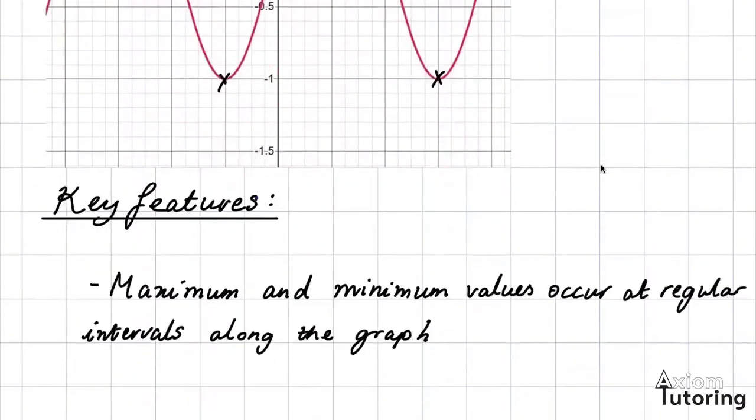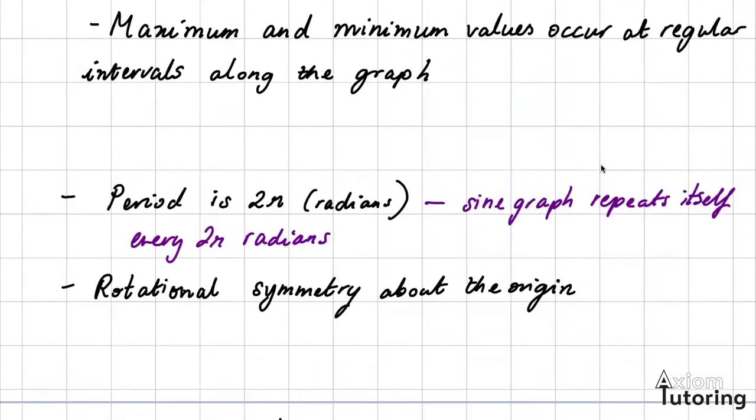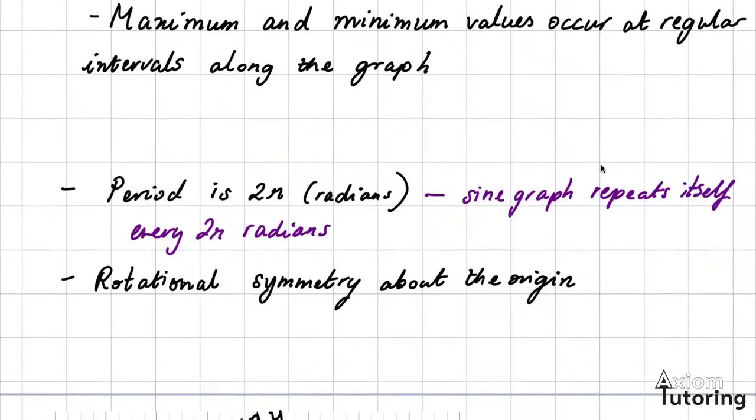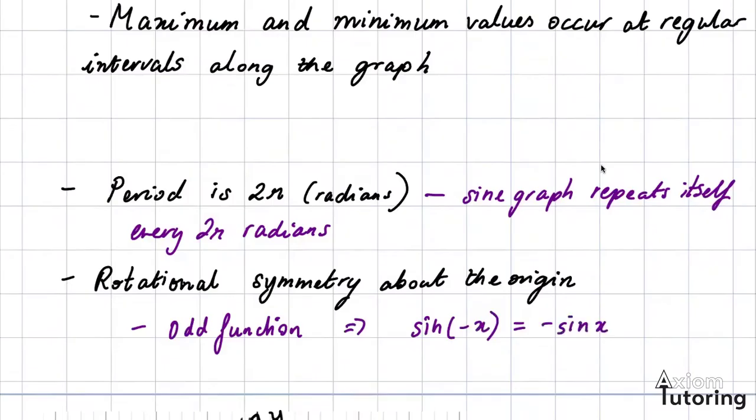This property belongs to odd functions, and this is something we were introduced to in video 2 of our trigonometry series, and that is that sine is in fact an odd function, which means that sine of minus x is equal to minus sine of x.